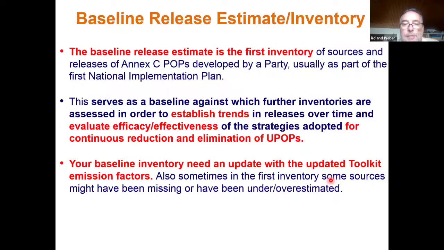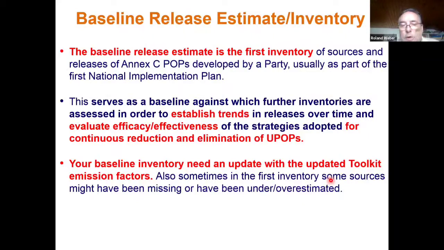This baseline inventory serves as a baseline for all further inventories for the establishment of trends over time. By this you can evaluate the efficiency and efficacy of the strategies adopted for the continuous reduction and elimination of dioxin and other unintentional POPs as required by Article 5 of the Stockholm Convention.